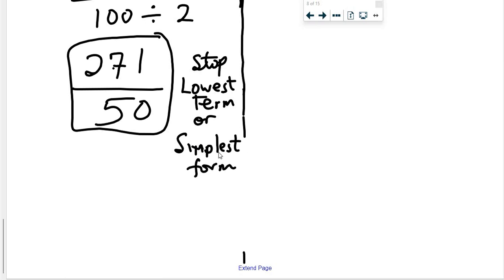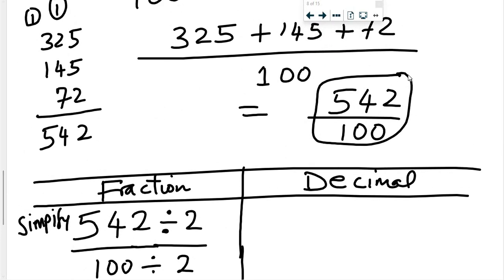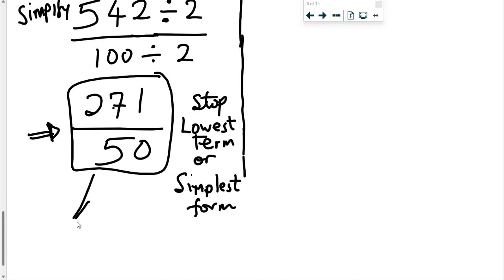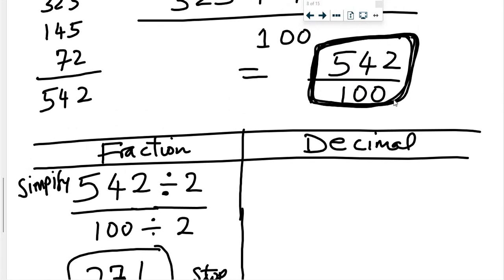So when they ask you, can you write this fraction in its lowest term or in its simplest form? You need to simplify this fraction. And when you simplify this fraction, you're going to end up getting 271 upon 50, of which you can write it as a mixed number. But you can even stop here. That represents a fraction.